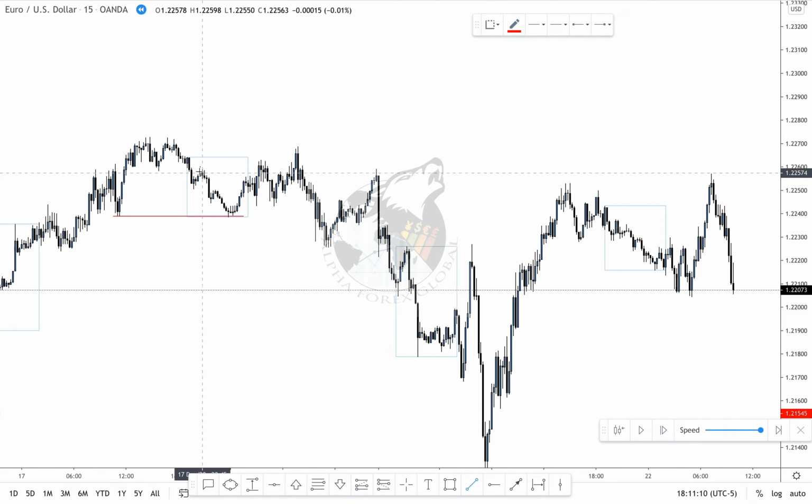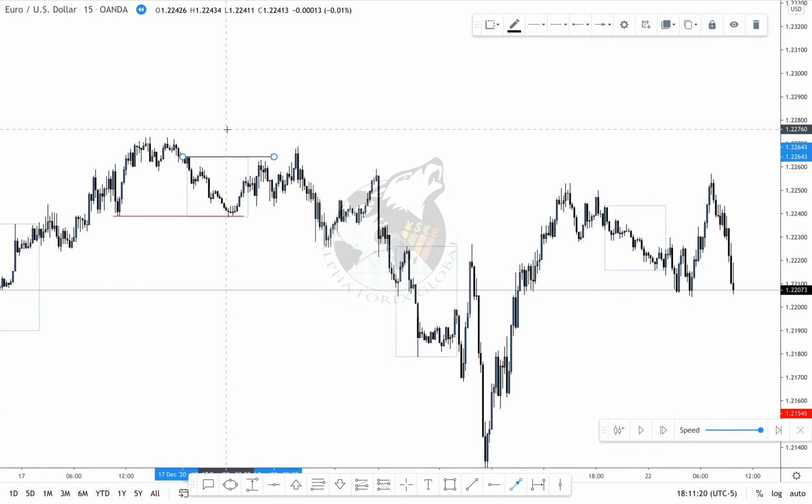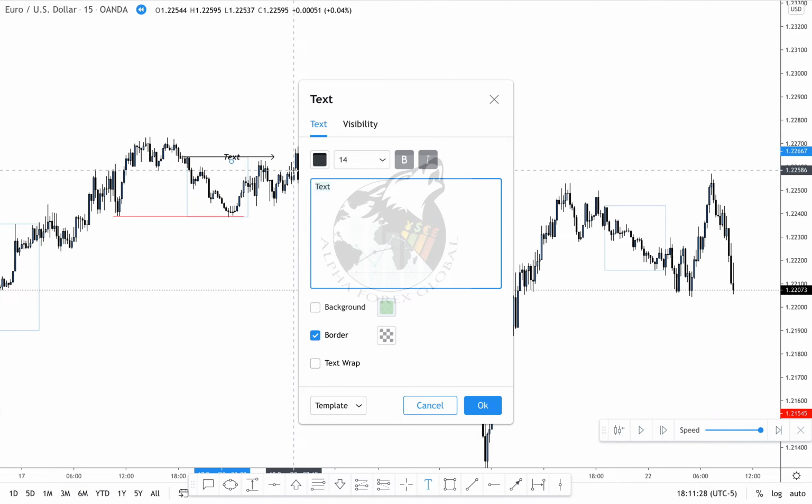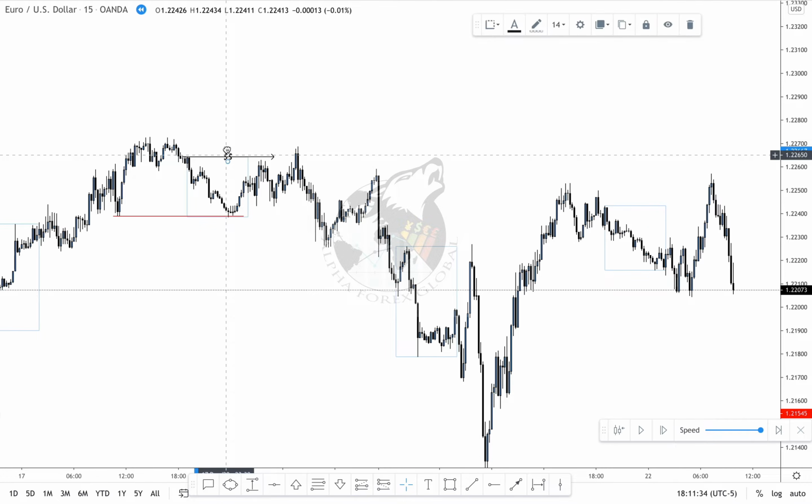Above here we have this equal high, right? Right here, equal highs. Cool. So if there is an equal high here, then obviously money is present, right? So money is present at equal highs.